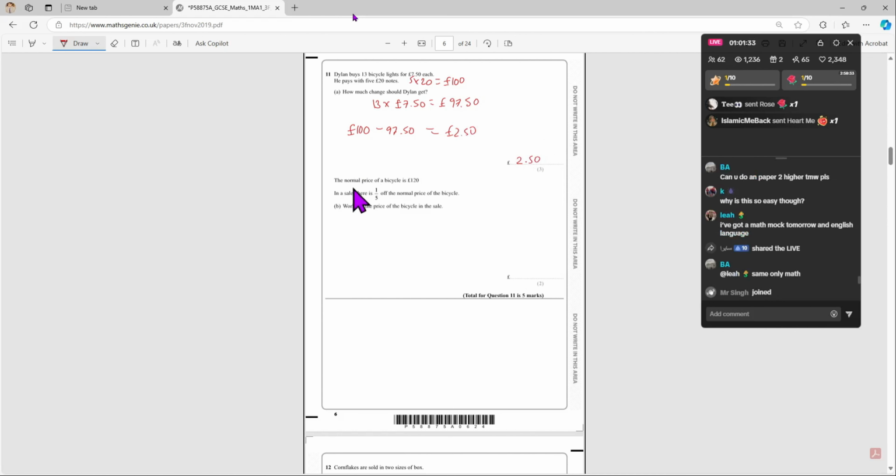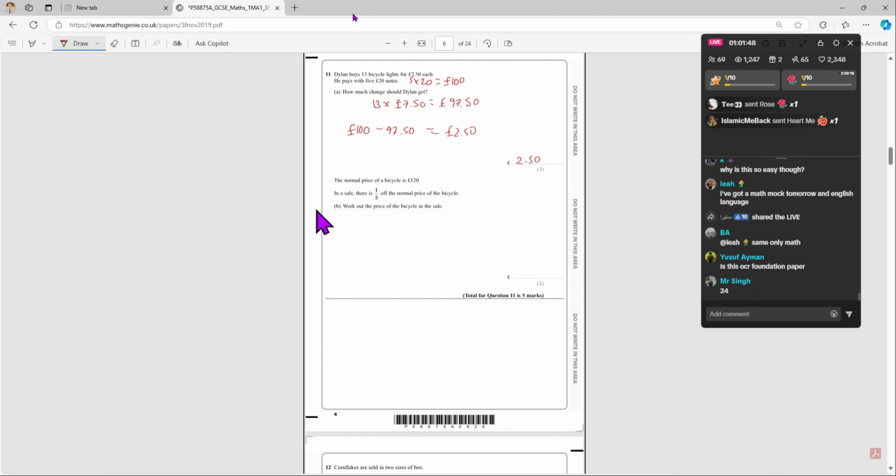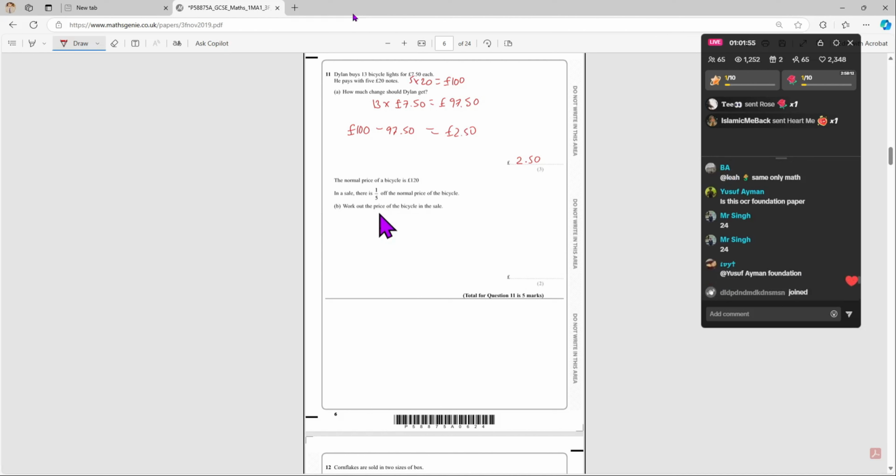Now, part B. The normal price of the bicycle is £120. In a sale, the price is a fifth off the normal price of the bicycle. Work out the price of the bicycle in the sale. So what you can do is work out a fifth of 120 and then subtract it, or you can use the multiplier method.